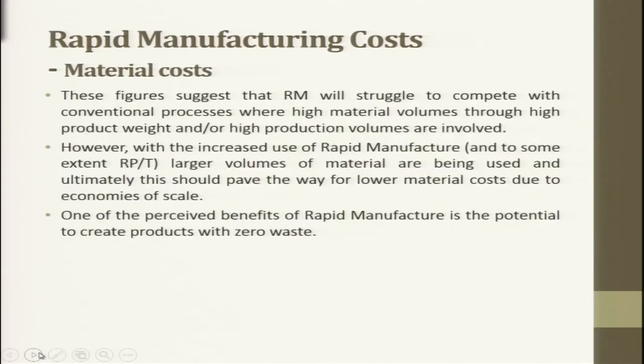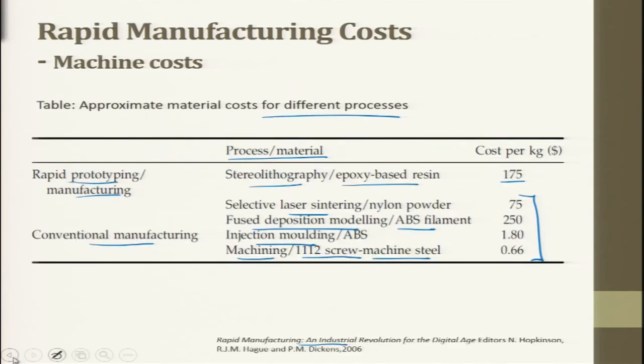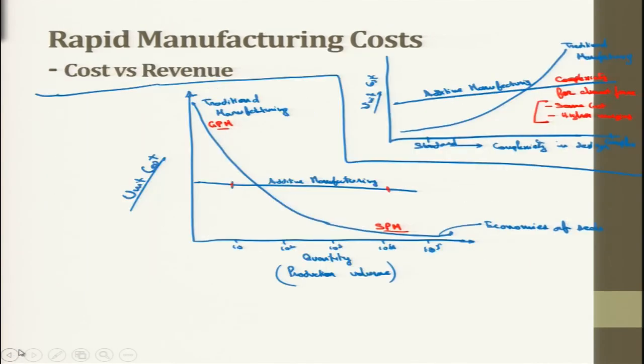These figures suggest that rapid manufacturing will struggle to compete with conventional processes where high material volumes, high product weight, or high production volumes are involved. As we see here, when the volume is higher, the unit cost is higher for additive manufacturing.